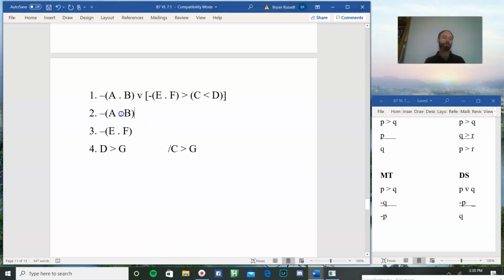So here I'm having a period stand in for a dot. When you're doing your homework, I urge you to do this homework on a Word document so you're used to it for the test if you haven't been doing it so far. If you have been doing pen and paper so far, then just switch over to doing it on the computer now. It'll help you for the test when you have to do proofs.